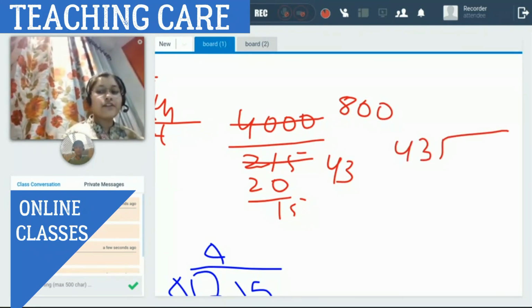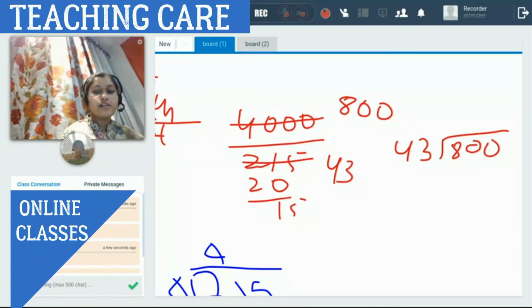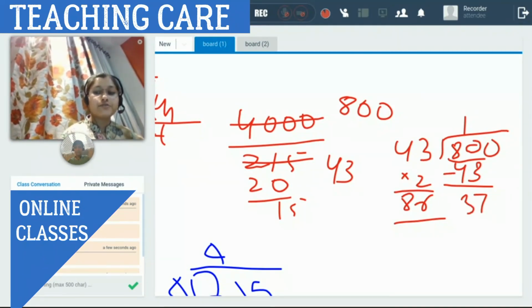Now 43 divided into 800. 43 into 2, 86, which is greater than 80. So 43 into 1, 43. Minus, 10 minus 3, 7. 7 minus 4, 3. 37 is less than 43. So I will take the number 370.